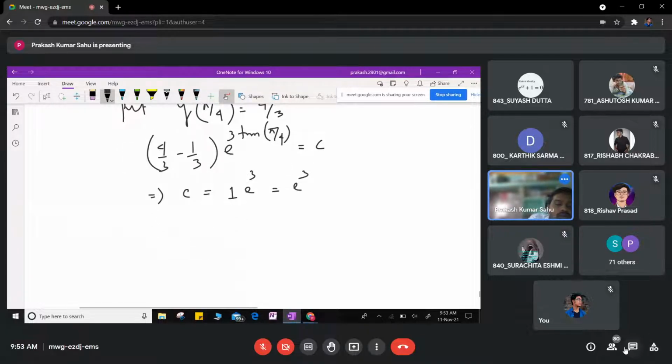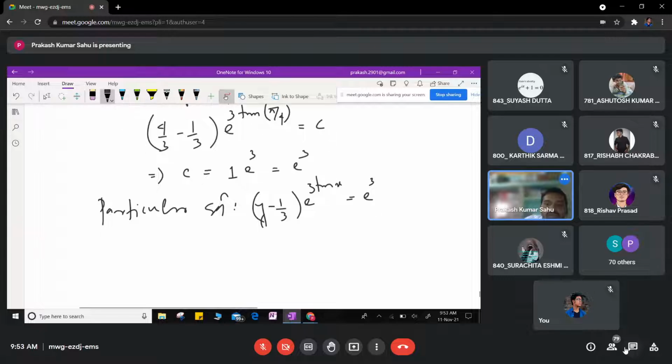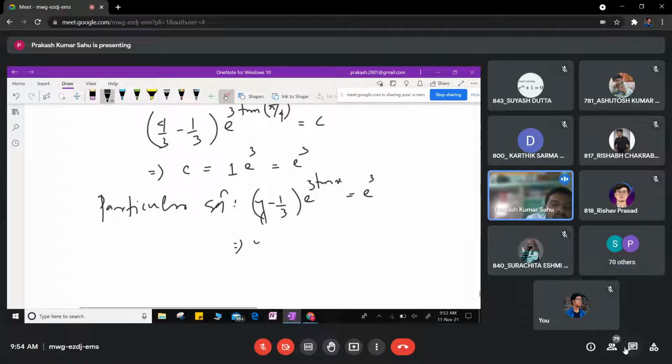So you put your particular solution, this y minus 1 by 3 into e to the power 3 tan x is equal to e cube. Okay, this is e cube. Okay, this is a part. Or if you again simplify it, तो क्या होगा? So this is 1 by 3 plus e to the power 3 into 1 minus tan x.